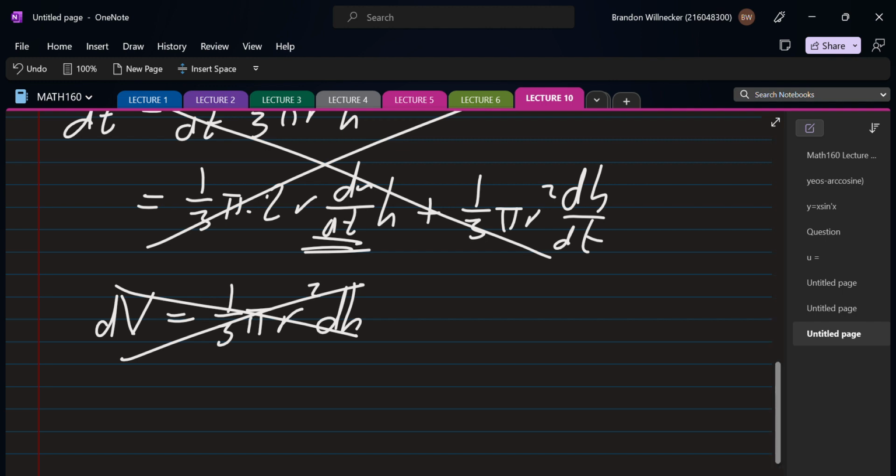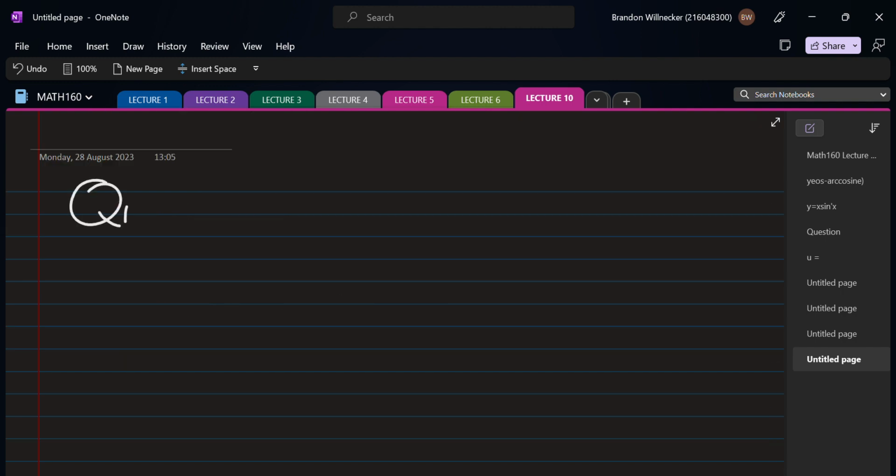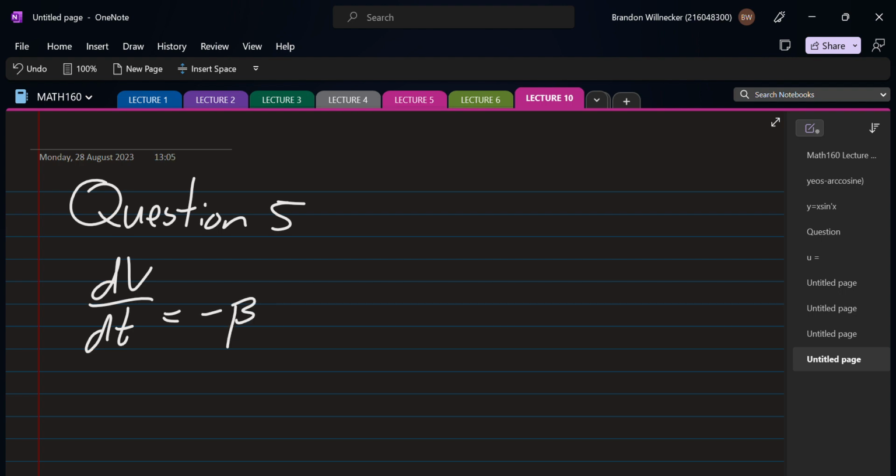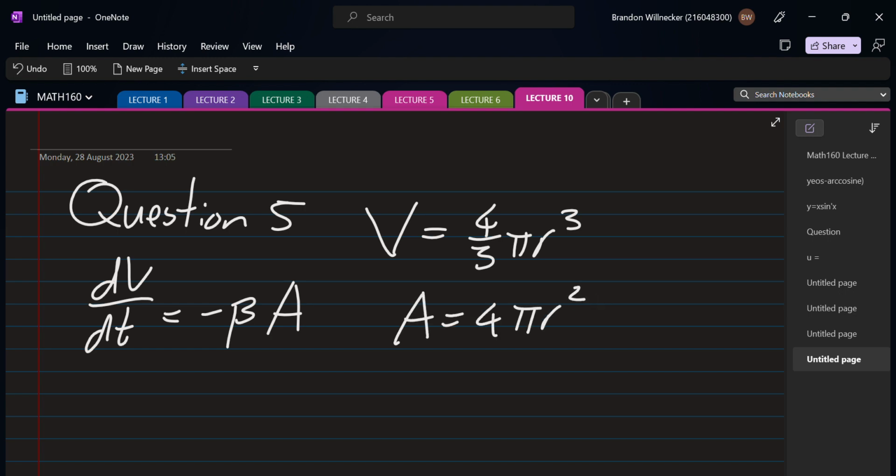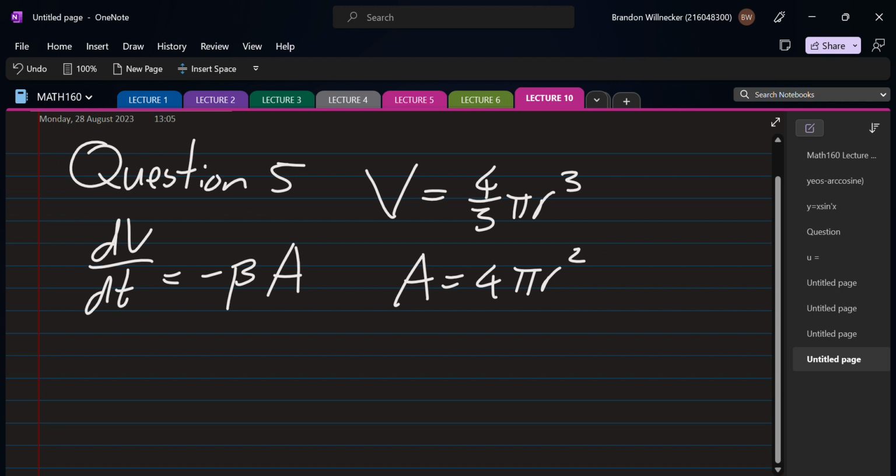And then lastly, question 5. Okay, we had dV by dt was minus beta A. It was also given V is 4/3 pi r cubed, and A was 4 pi r squared. What we wanted was dr by dt.